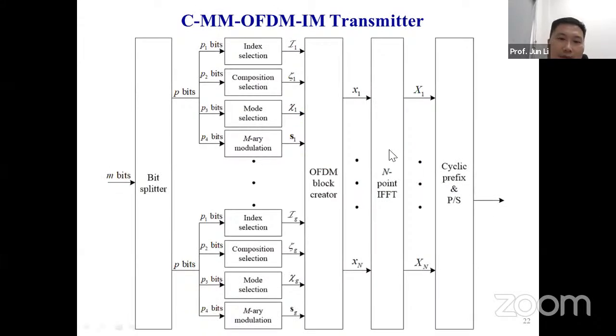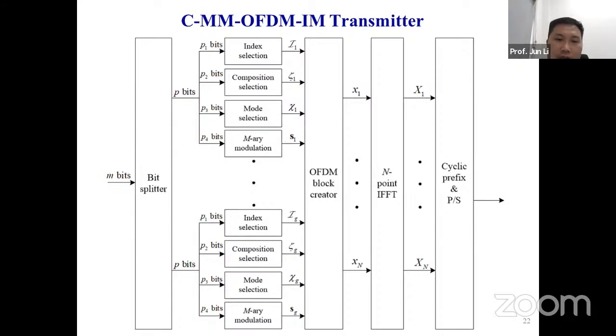Okay, it is clear to see our difference from the conventional OFDM-IM and MM OFDM-IM. In the conventional OFDM-IM, the index bit selection exists. It has P1 bits and P4 bits, so it only has the first part and the last part.